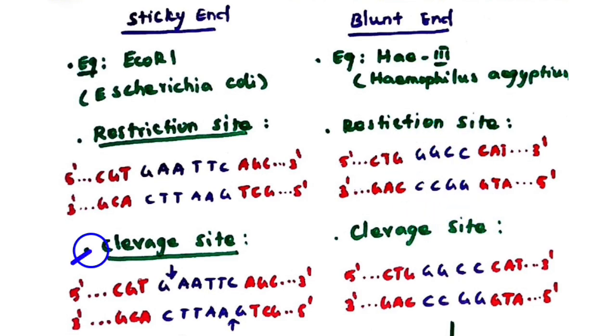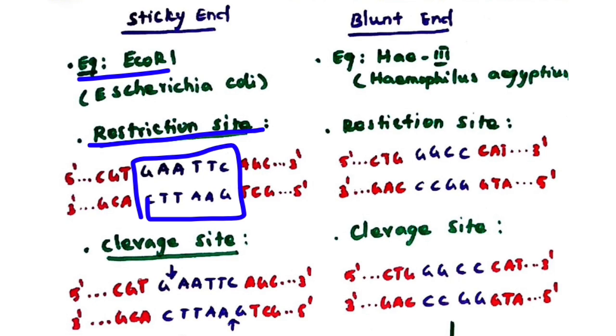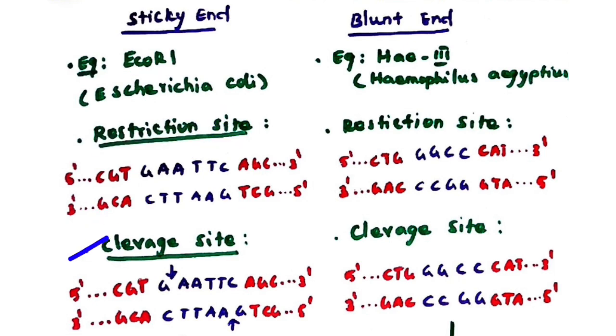Then its cleavage site. The restriction site is the nucleotide sequence which is recognized by the restriction enzyme, whereas the cleavage site is the location where it makes a cut in the double-stranded DNA. The cleavage site of enzyme EcoRI is in between G and A on both strands at the 5' end.